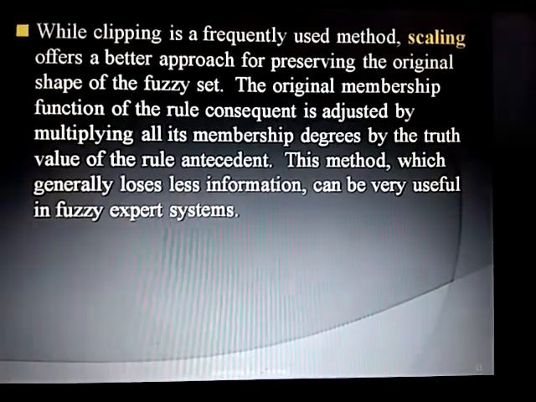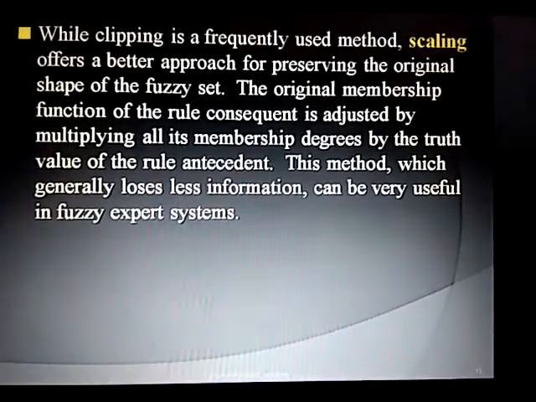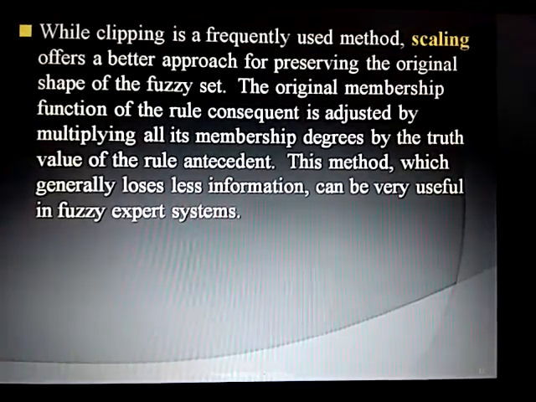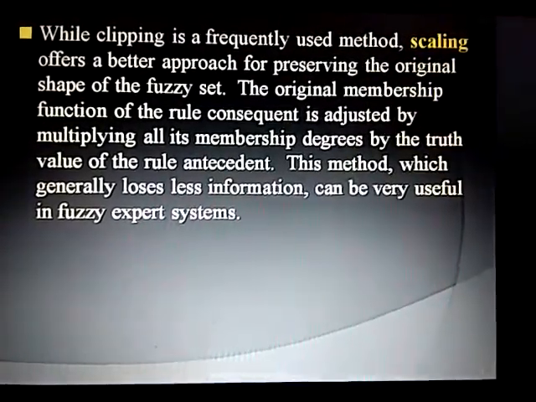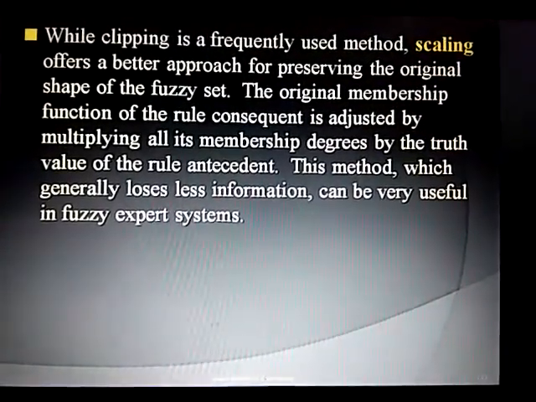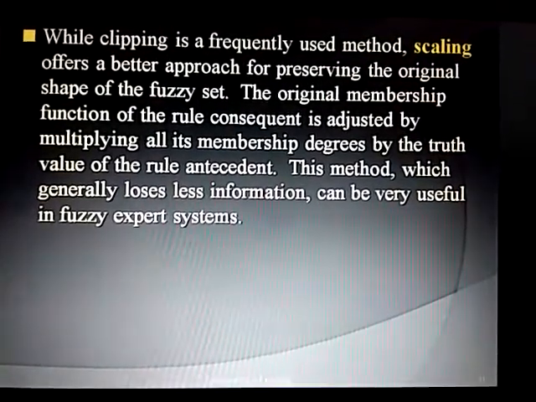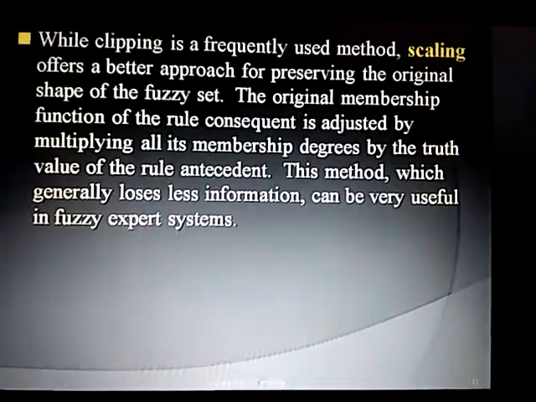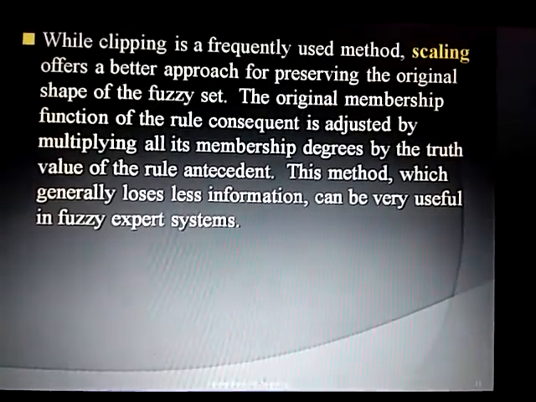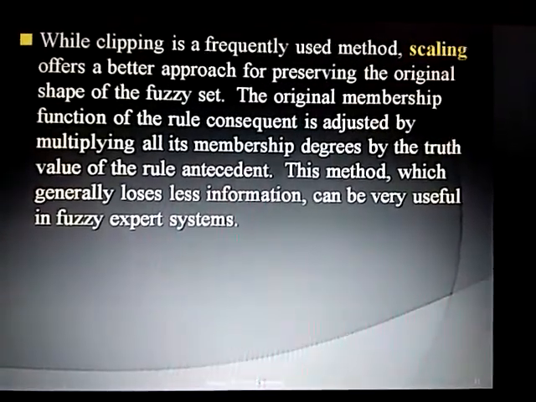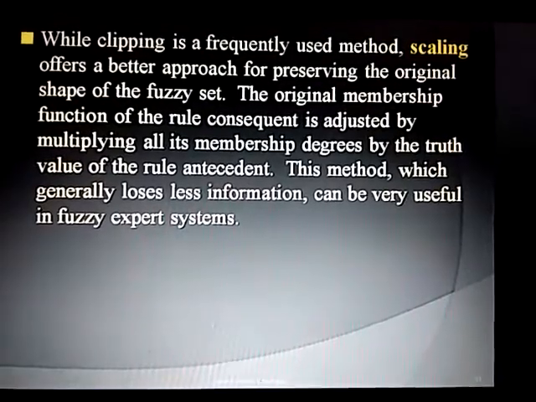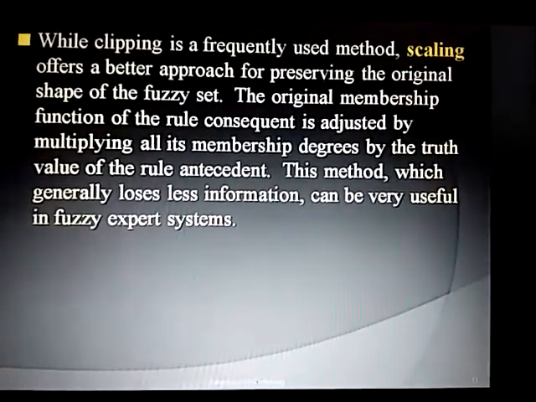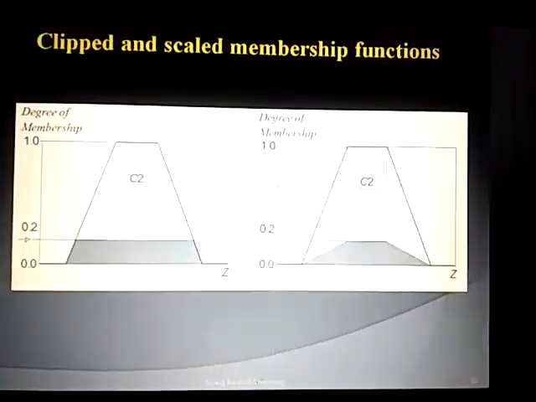While clipping is a frequently used method, scaling offers a better approach for preserving the original shape of the fuzzy set. The original membership function of the rule consequent is adjusted by multiplying all its membership degrees by the truth value of the rule antecedent, and this method, which generally loses less information, can be very useful in fuzzy expert systems.